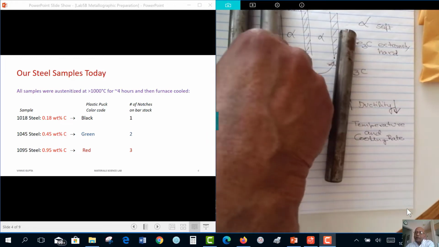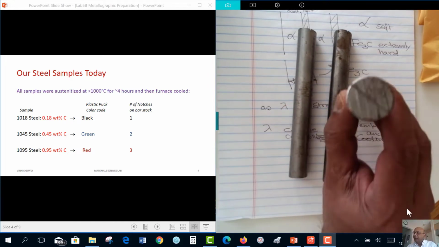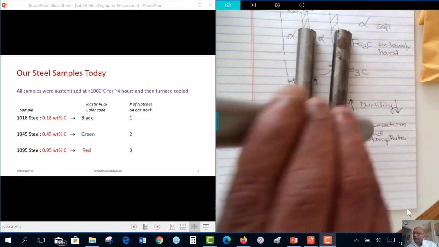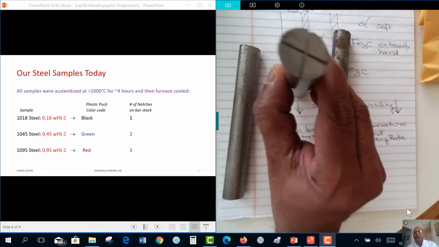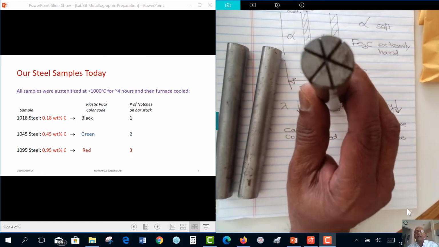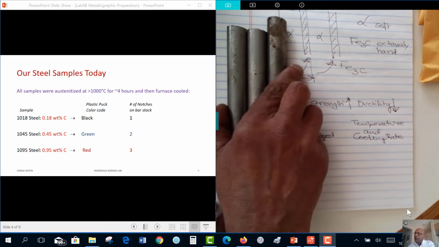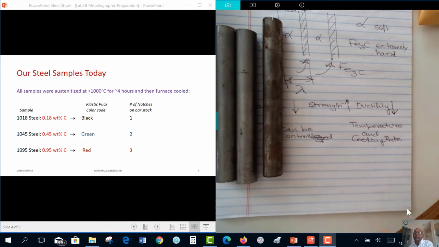So here are our as received bars. What we have done is we have put 1 notch, 2 notches, and 3 notches. And then we are going to put this in a furnace.